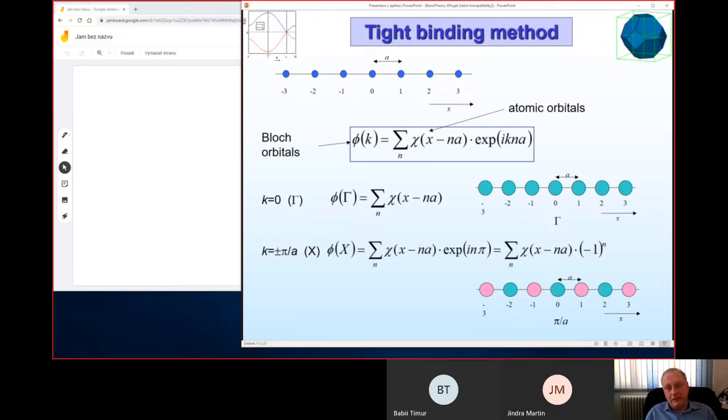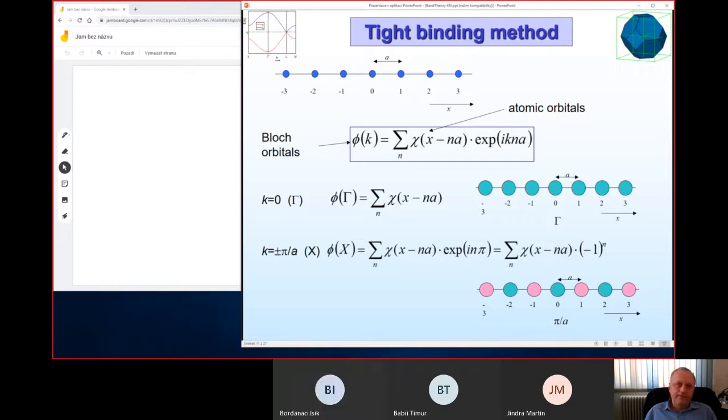And we said that this function must satisfy the Bloch theorem, which postulates that the function must contain an exponential part, and then a function u which is periodic with the same periodicity as the crystal lattice. It can be in 3 dimensions, but we can simplify the problem and consider only 1 dimension.